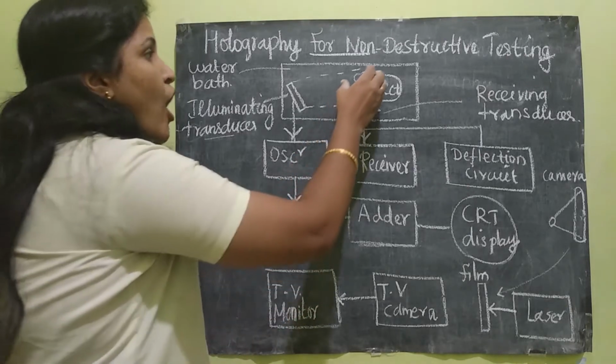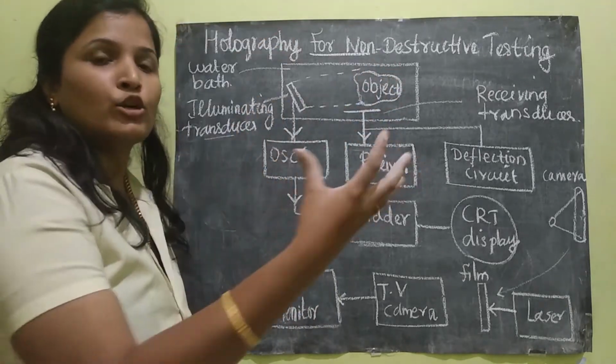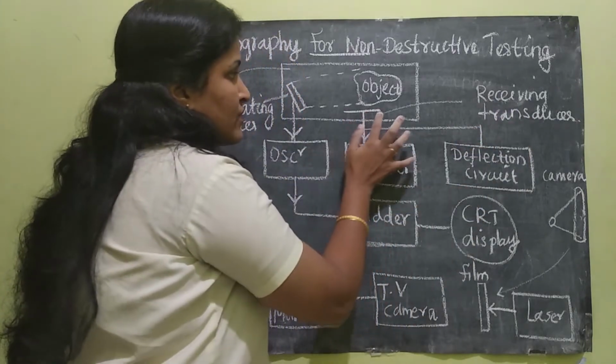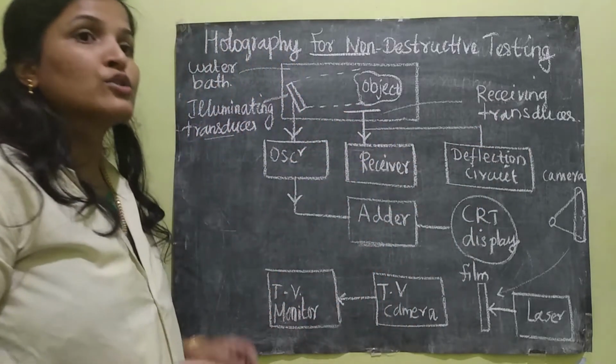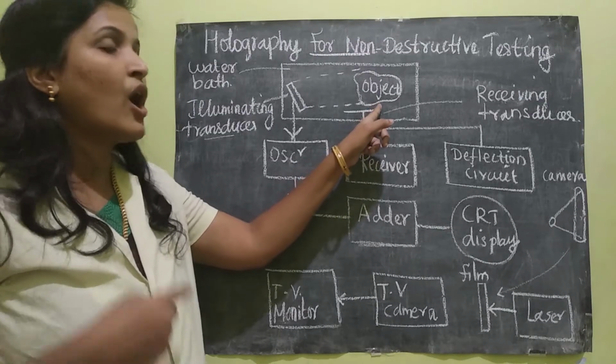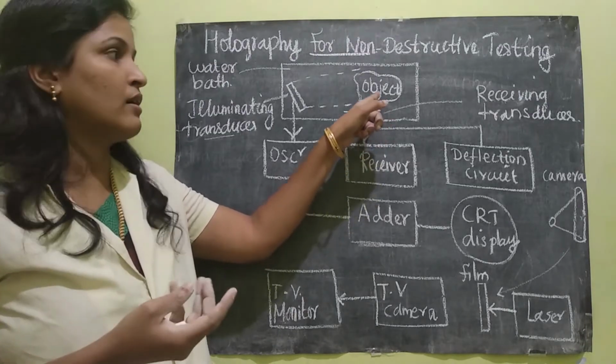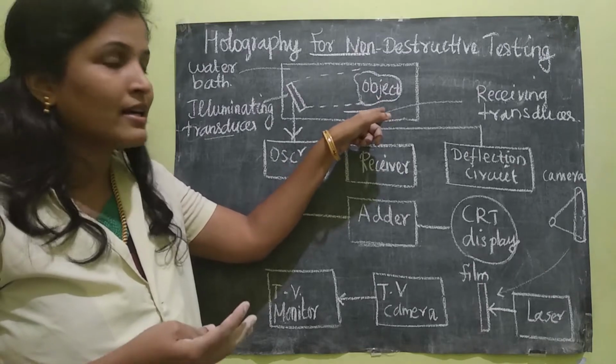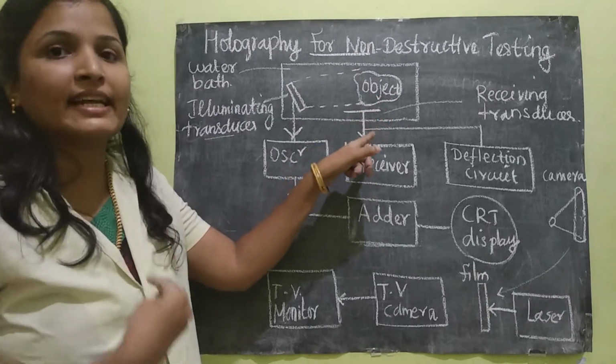The object wave, that means the scattered waves, is collected by the receiving transducer. This is the receiving transducer. At this point the ultrasonic wave, the scattered wave or object wave, is converted into an electrical signal.